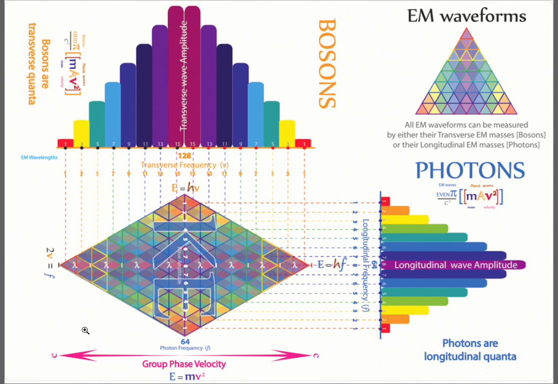Tetryonics shows you that while this is true and mathematically correct, there also exists another form of transfer of energy momenta, and that is where the linear momentum of the EM wave shown here is in the same direction and not transverse to the direction of propagation, and that is the longitudinal wave, longitudinal EM waves that Tesla was describing in his work. These haven't been described. The mathematics is identical.